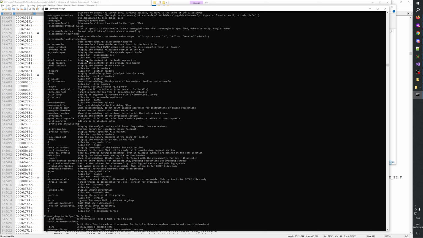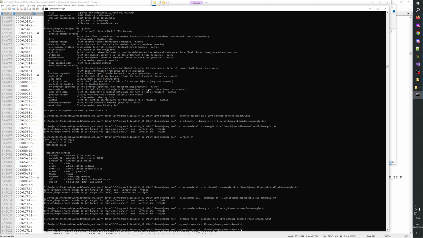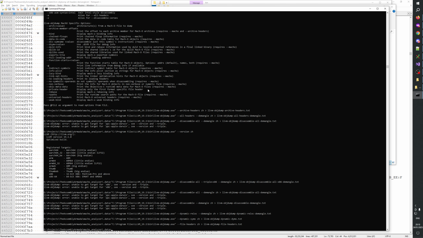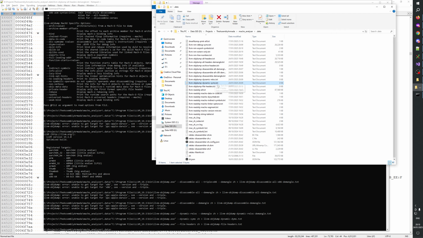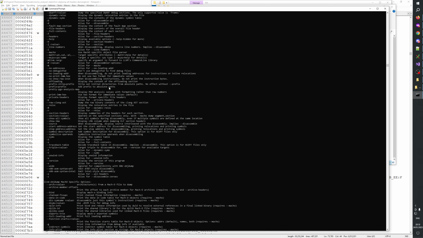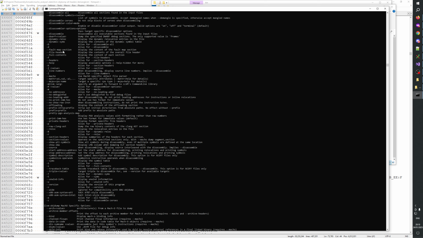Fault map section. Overall file header. File headers. File minus headers. Let's see what that gives. It's also empty. Nothing in there. Full contents.